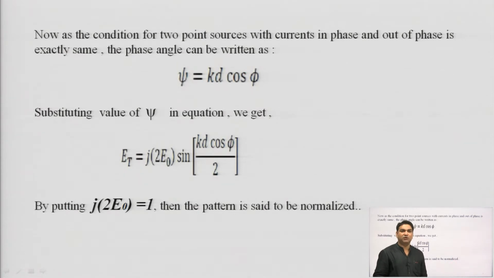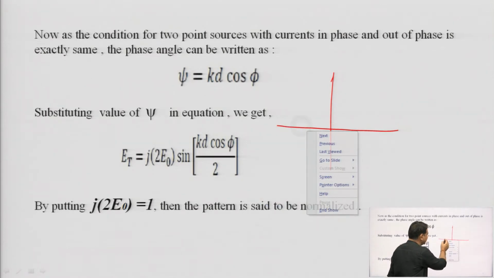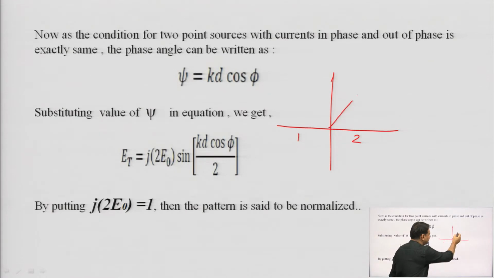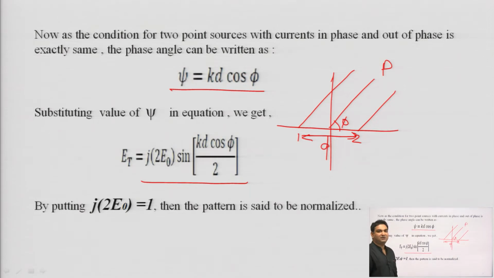Simply we know that psi is equal to k d cos phi, where k is the phase factor 2 pi by lambda, d is the distance between the 2 point sources, and phi is the angle made when these 2 point sources, 1 and 2, are placed like this, and this is the distant point P. So, psi is the overall phase difference, and this phase difference is just because of the spacing between point source number 1 and point source number 2, and this is the resultant field strength.